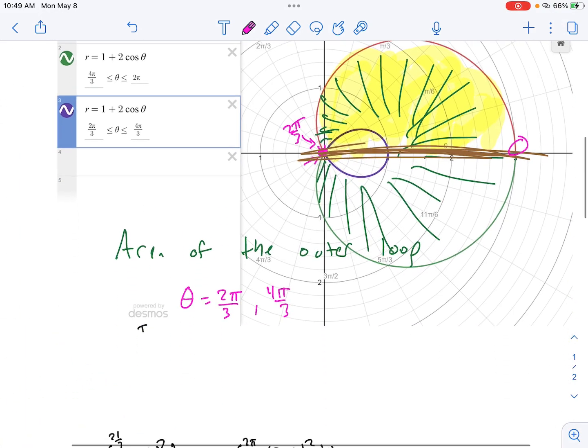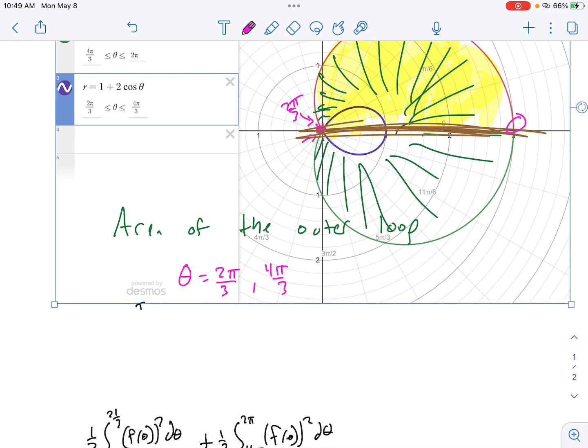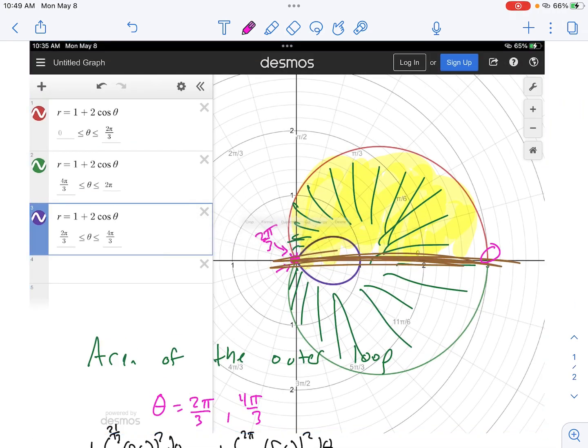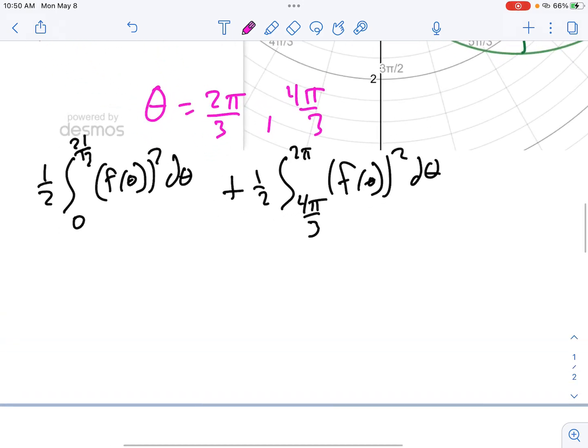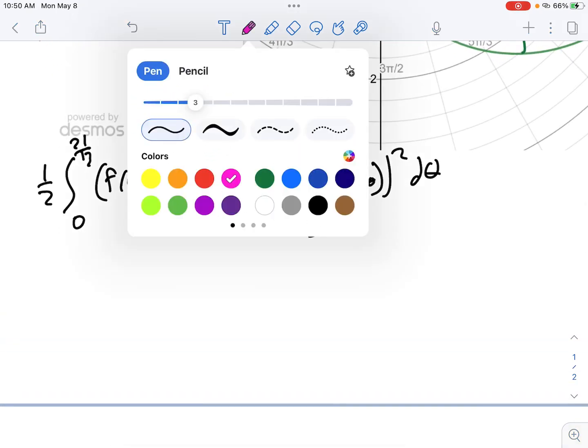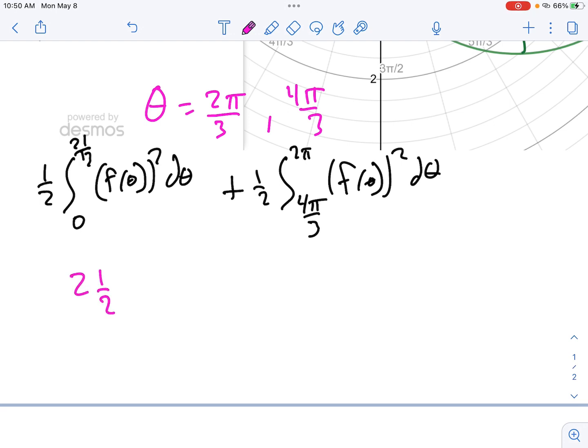So when we actually work out the math, an easier integral than each part would be to double the area of the first part, from 0 to 2 pi thirds of f of theta squared d theta. That's just going to create less work for you.